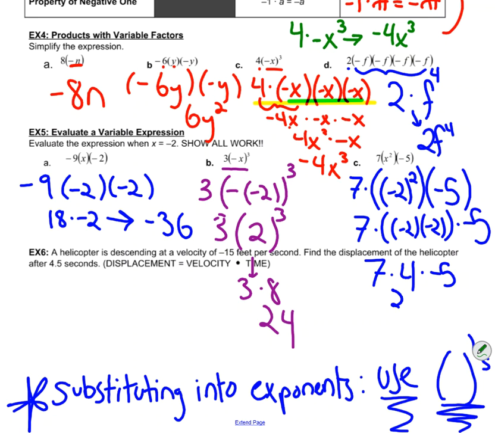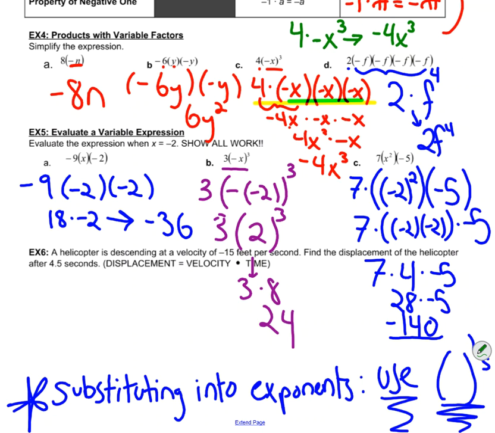So we get 28 times -5, which should give us -140.